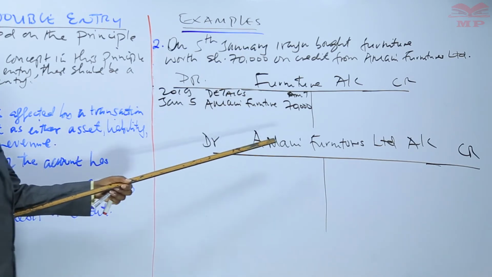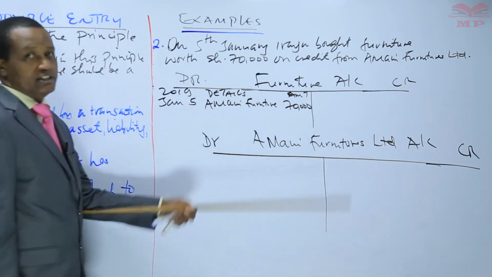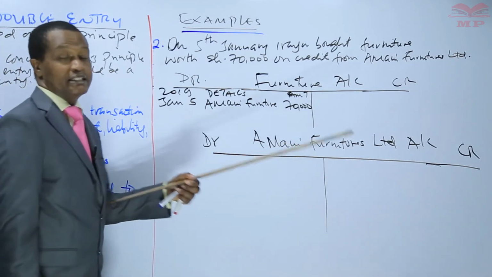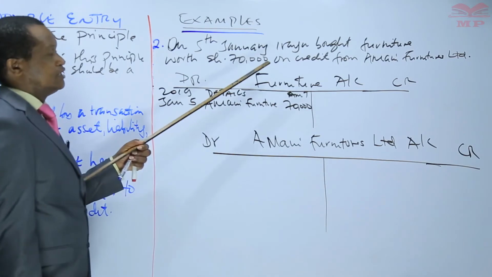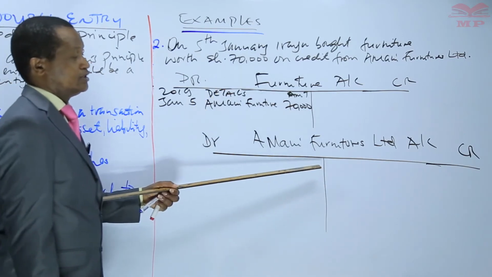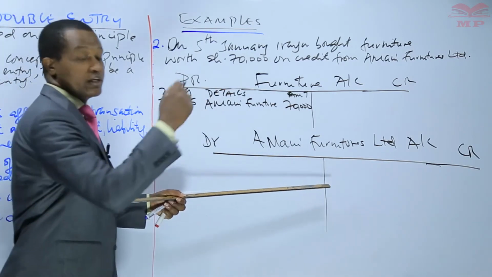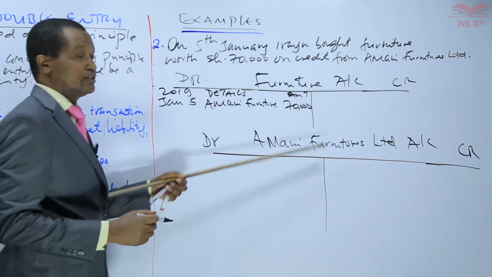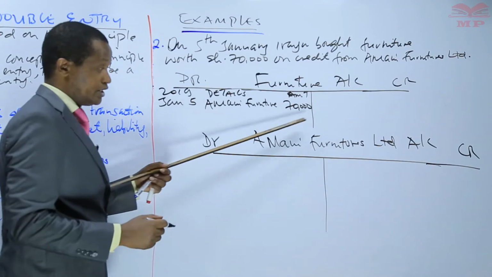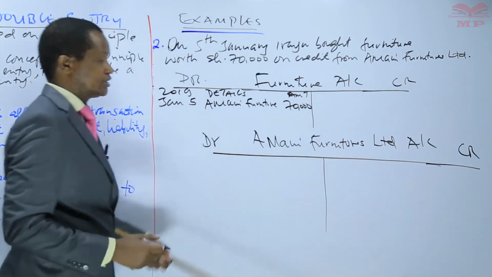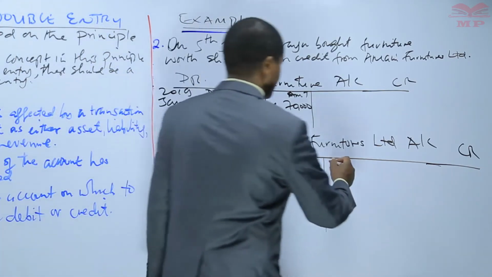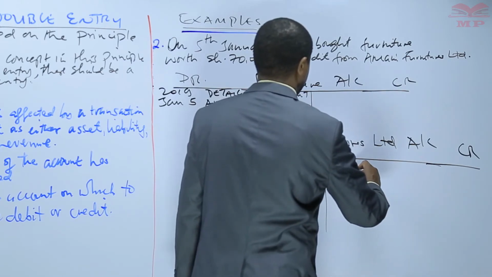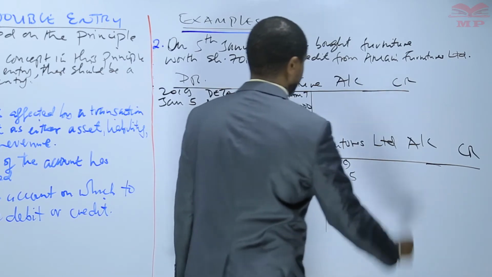How about the liability account? Has it reduced or increased? This account has increased. Iraya's liabilities have gone up. He has another creditor that he has to pay. That means this account has increased. So we have the year 2019, on the same date, January 5.